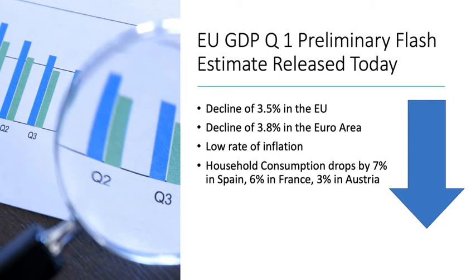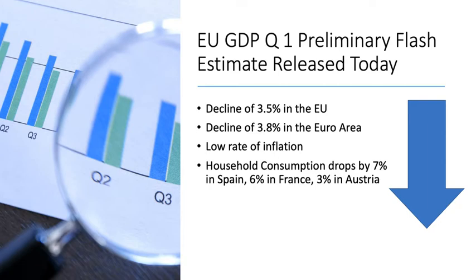The Europeans don't release the same level of detail across all of their countries at once when we release our GDP statistics. So those will be coming in over time, but we could see the impact of the crisis on household consumption in the first quarter, which was down 7% in Spain, 6% in France, and 3% in Austria.